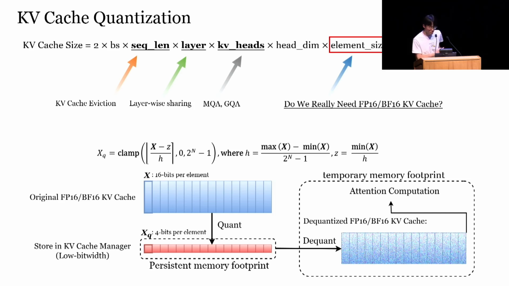During inference, we use asymmetric min-max per-token linear quantization to compress the original 16-bit KV cache, and we only store this low-bitwidth cache. For example, if the original 16-bit KV cache is quantized into 4 bits, then the storage of KV cache is 4 times smaller. And when performing attention computation, we dequantize them into 16 bits with some quantization error.